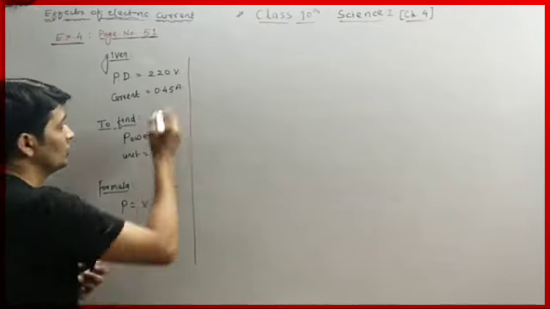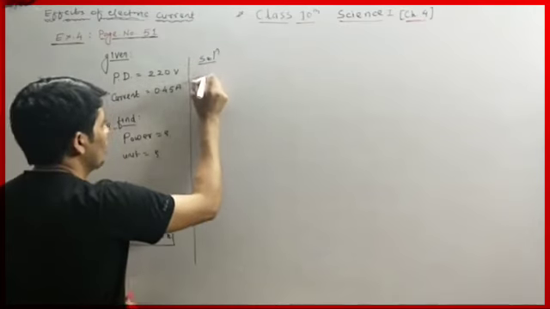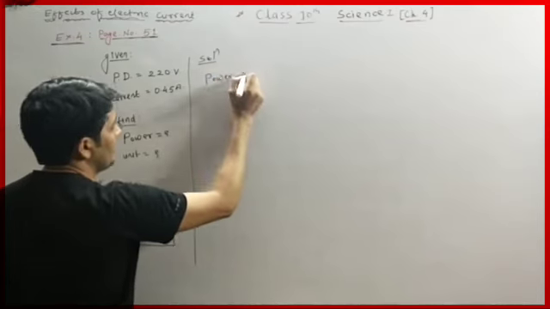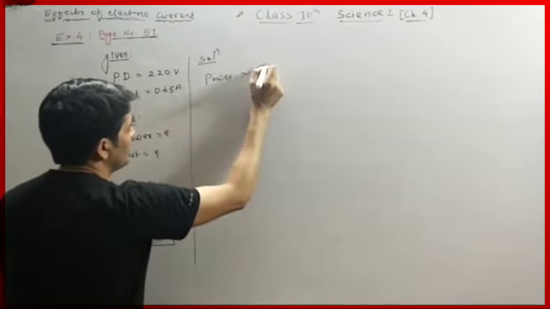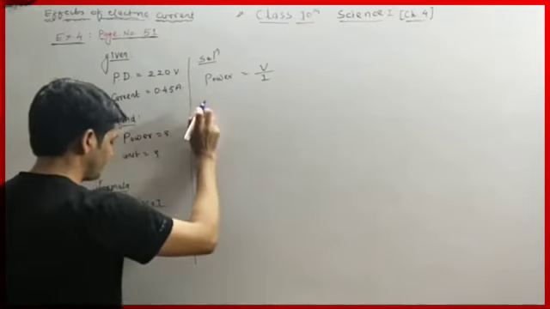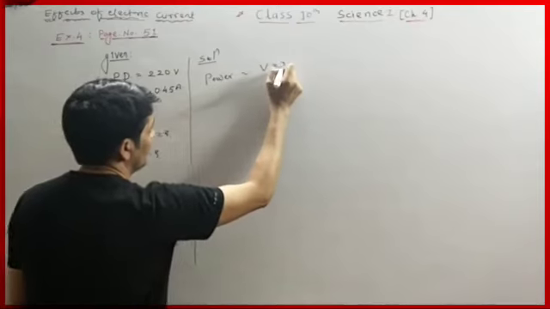Okay, so solution. So what is the formula? The power is P equals to potential difference, that is V, divided by current, which is I. No, it is voltage into current.